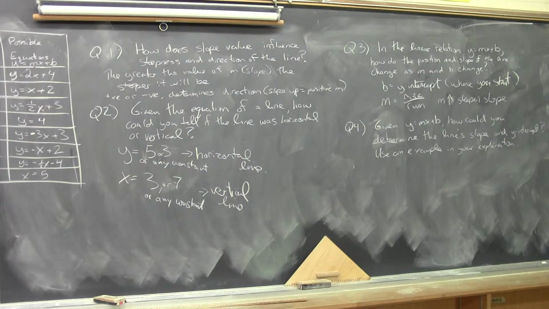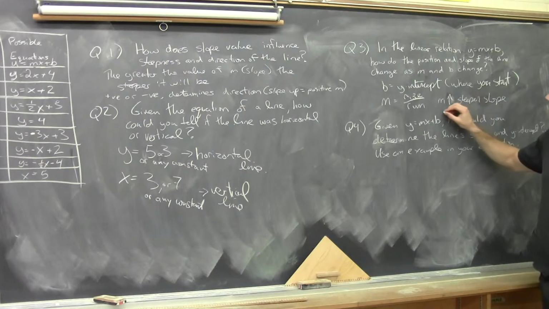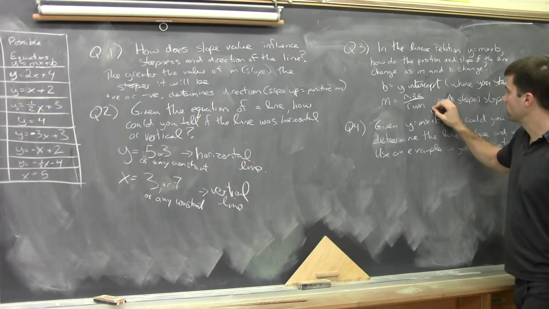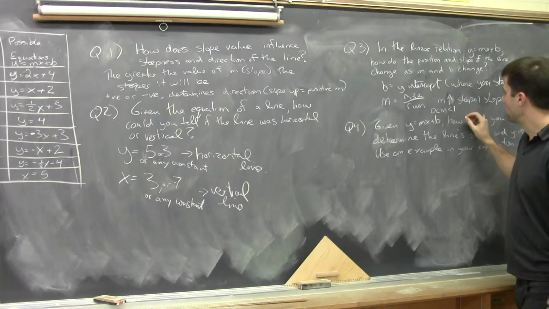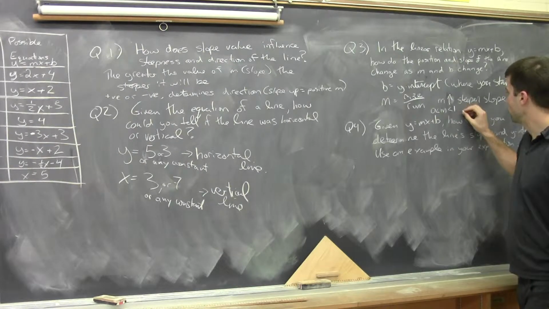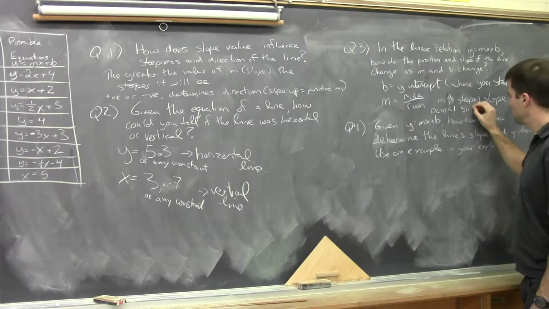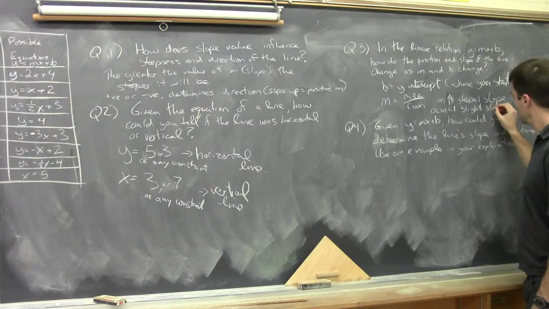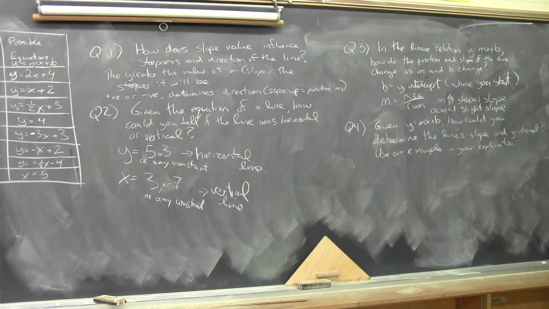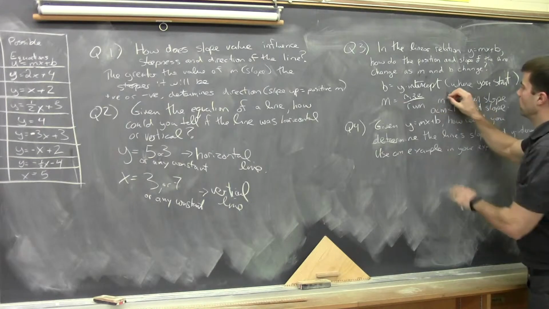As m increases, we get a steeper slope. And if m is greater than 0 and less than 1, we get a very slight slope. Let's change this to greater than 1.